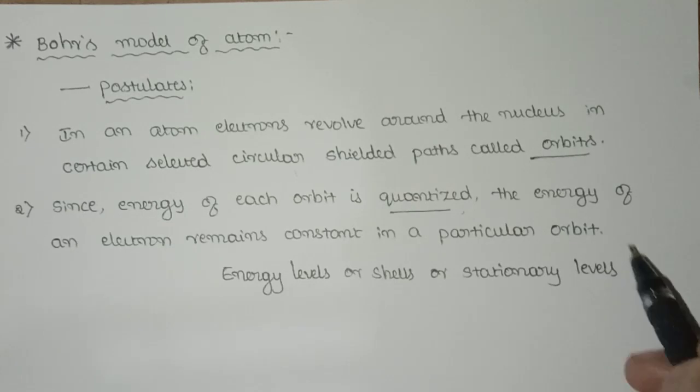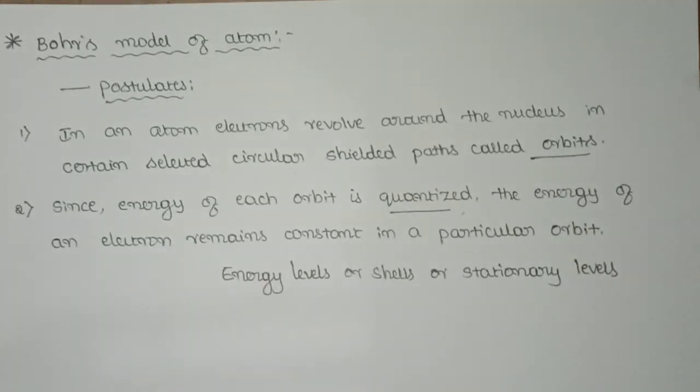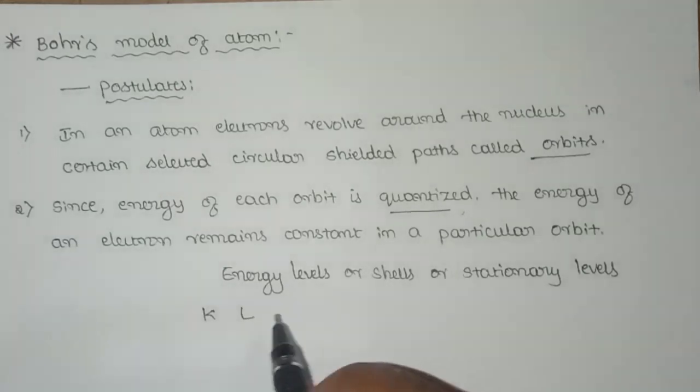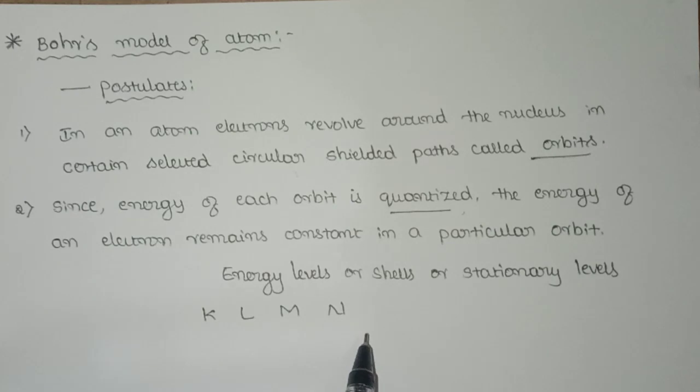Okay, so these are the different names we can give for the orbits in which the electrons are revolving around the nucleus, and those energy levels are given the symbols K, L, M, N. These notations have been given based on the position of the orbits from the nucleus.